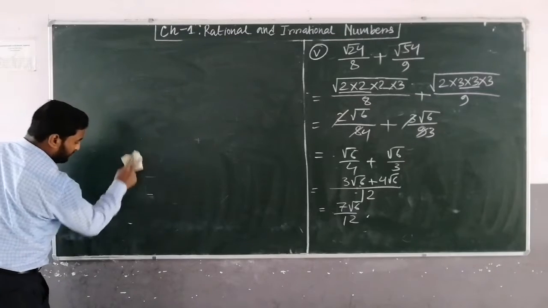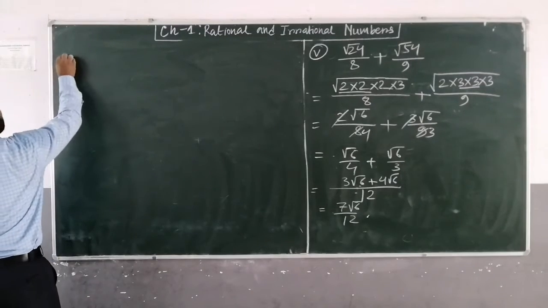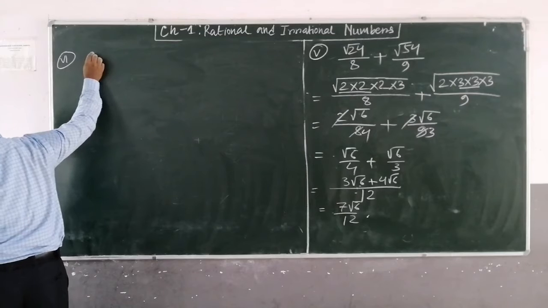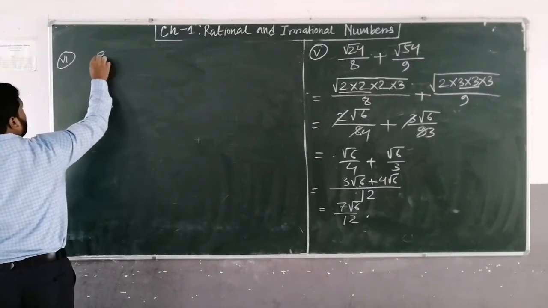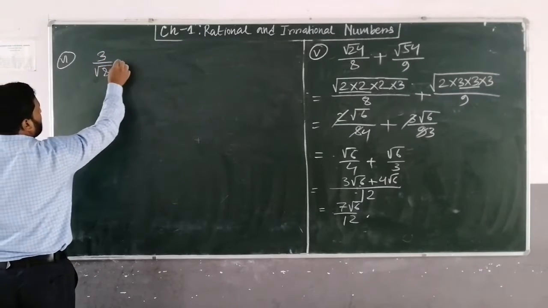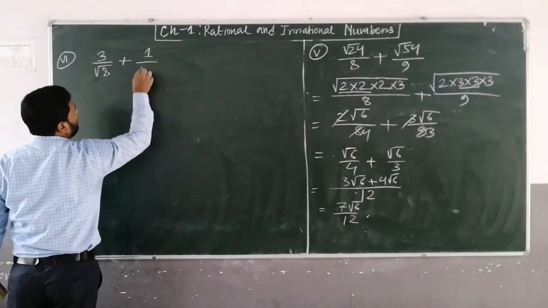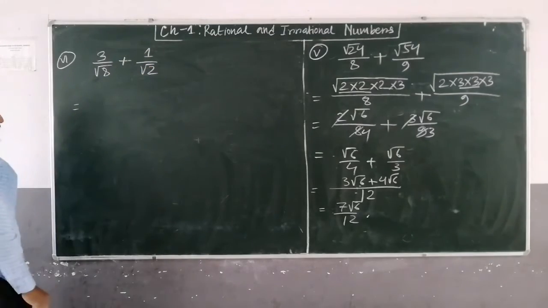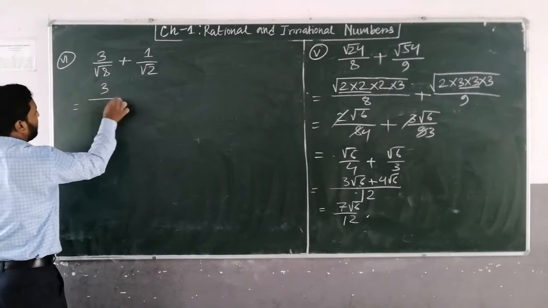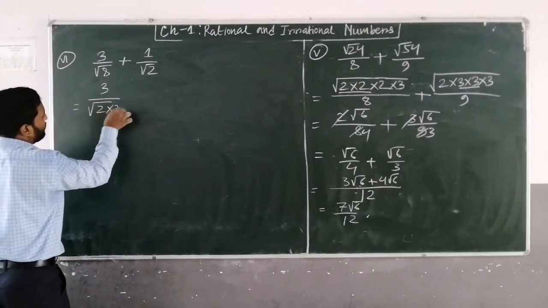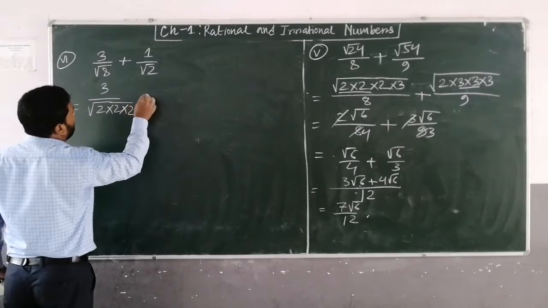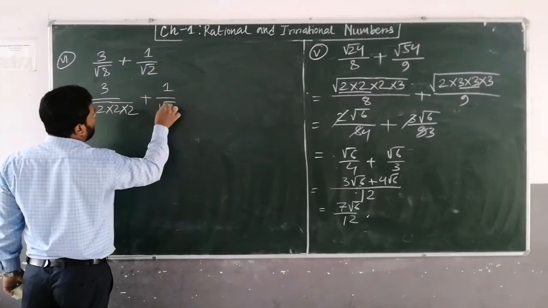Sixth part. It is given that 3 upon root 8 plus 1 upon root 2. So that is equal to 3 upon under root 2 into 2 into 2, plus 1 upon root 2.